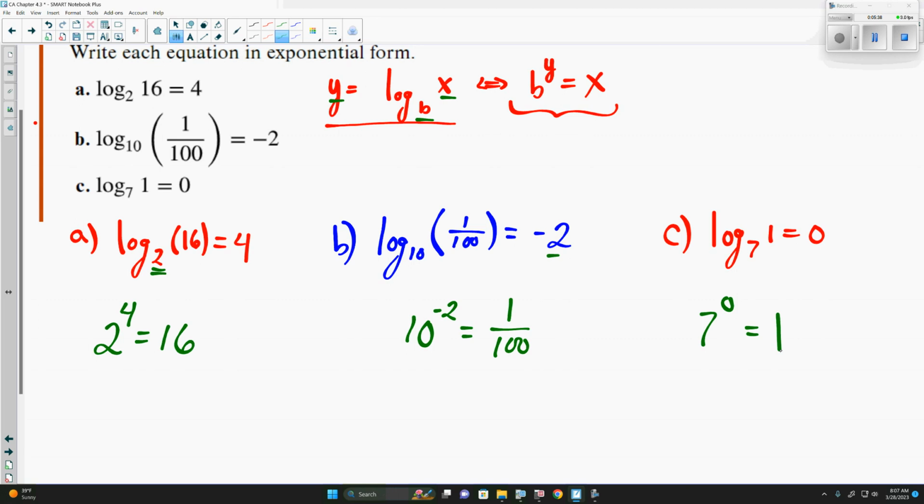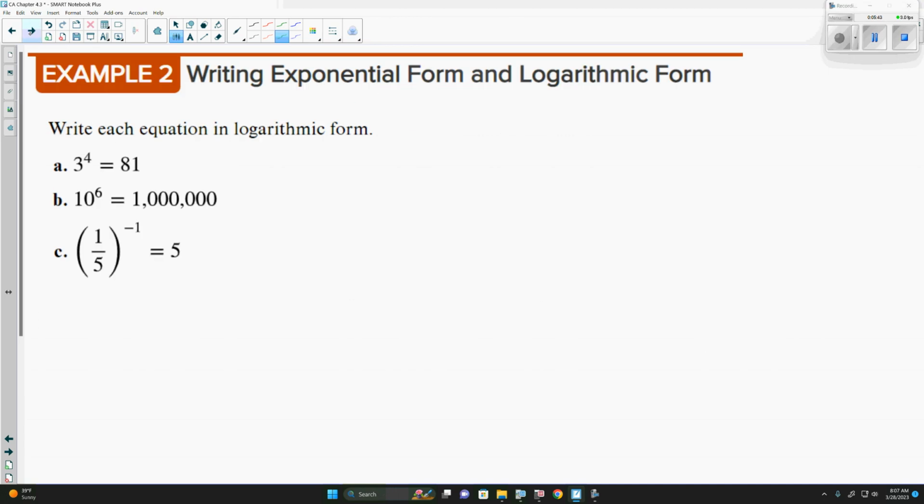Questions on this? Okay, we'll come back to it. I'll show you a different way in a minute. But I want us to go through one way we do both of these switching and then come back to it. So we've gone from logarithmic to exponential.